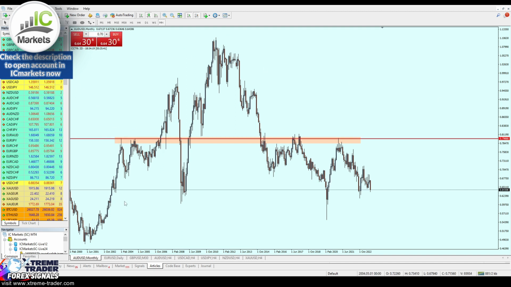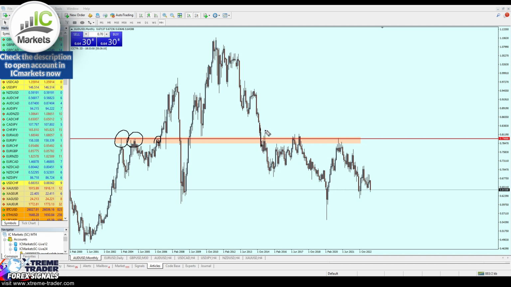Exactly, just right there. Now, since we're talking about which one is the first or second attempt of the resistance, let me just highlight, guys, that we are having here a first attempt of the resistance, second attempt of the resistance, third attempt of the resistance, and then multiple fake breakouts happen. Now, the count of the resistance attempts begins only after the bearish breakout happened.